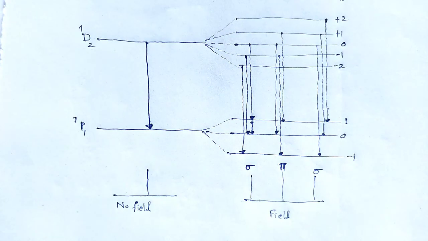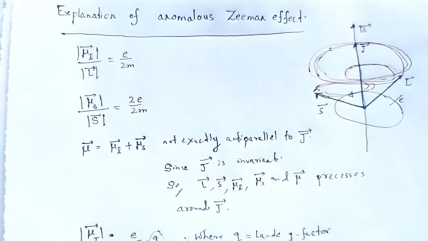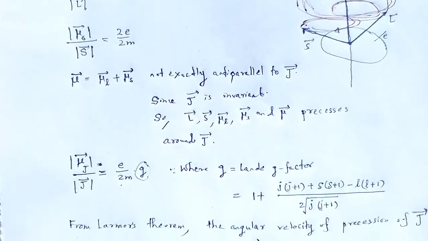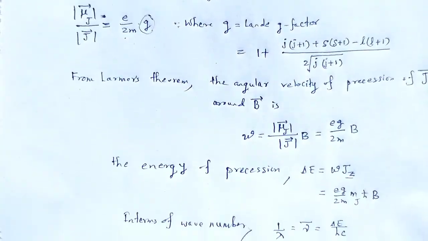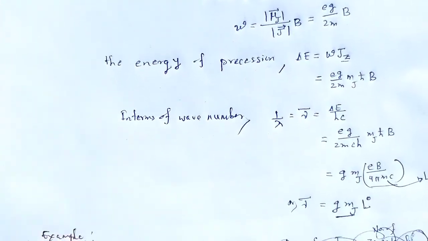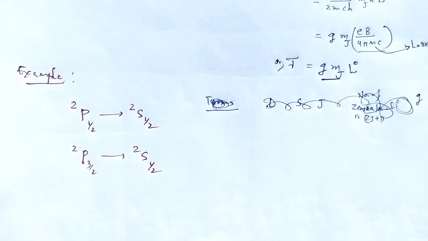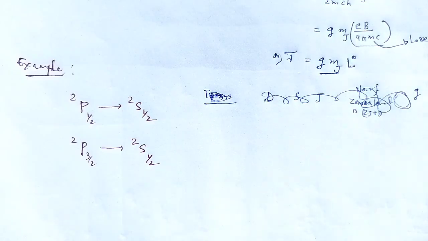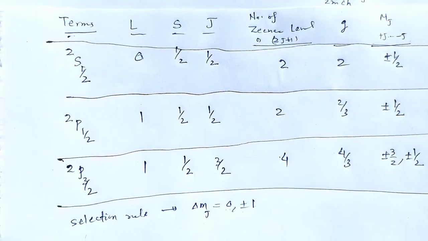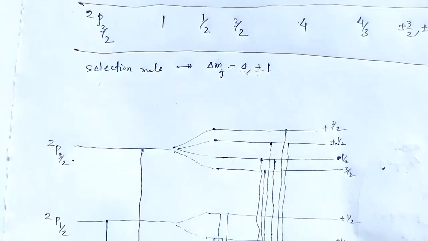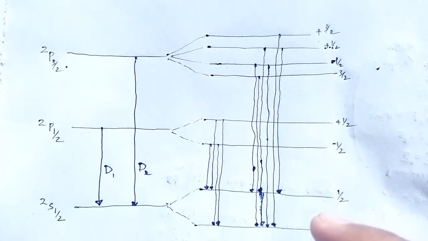Next, the explanation of the anomalous Zeeman effect, and the examples of the sodium lines, how the transitions take place according to the selection rule. These are the transitions.